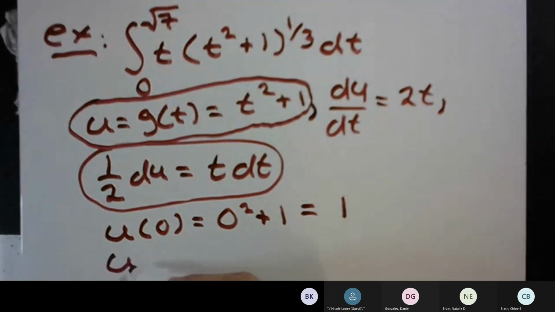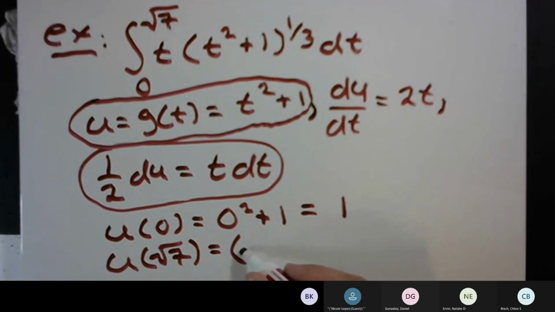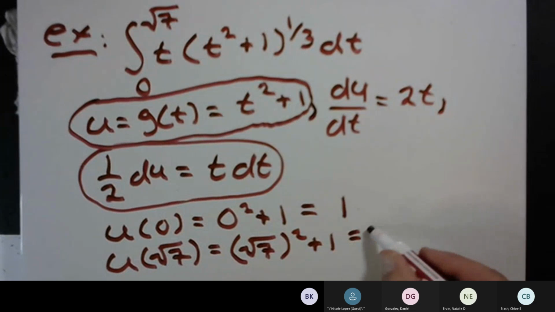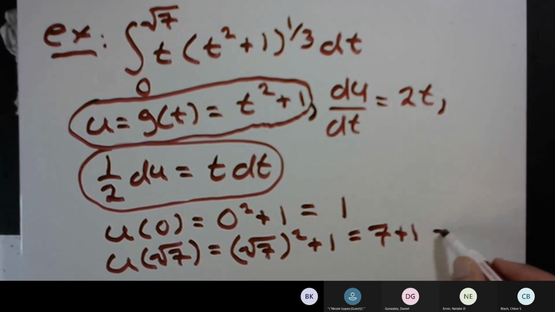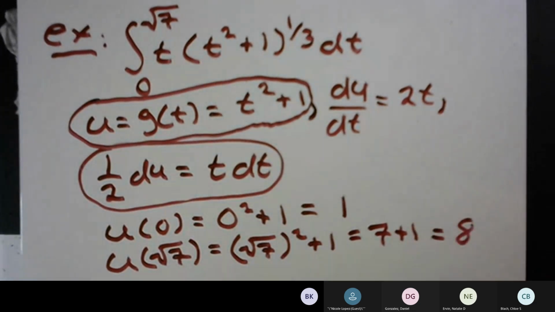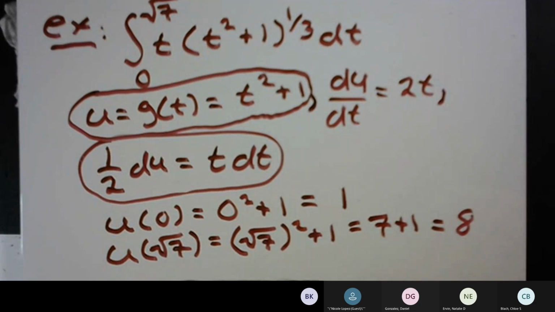And then for u of square root 7, it'll be square root 7 squared plus 1, or 7 plus 1, or 8. And so that's how we can come up with the bounds in terms of u. So we're going to come up with an answer without having to go back to t.